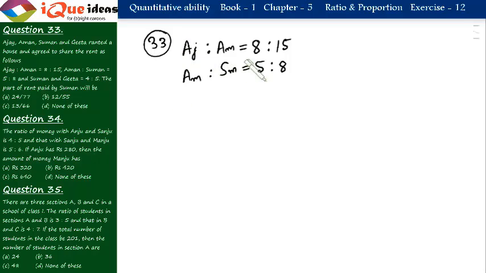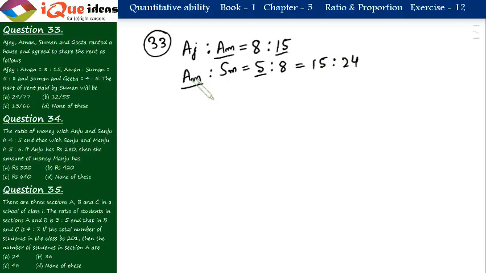Ajay, Aman and Suman. Here Aman is common and the values corresponding to Aman are 15 and 5. LCM of 15 and 5 would be 15 itself. So the first one remains 8 is to 15 and the second one, multiply both components by 3 to make Aman's component 15. So 5 threes are 15, that means 8 threes are 24.